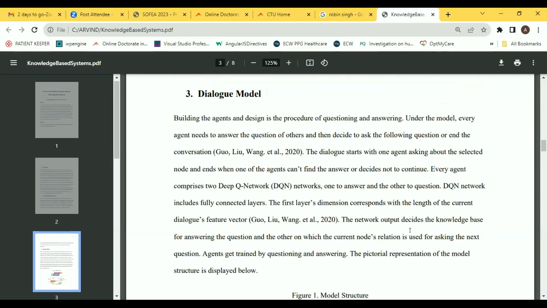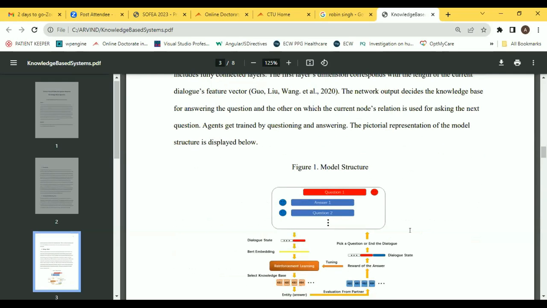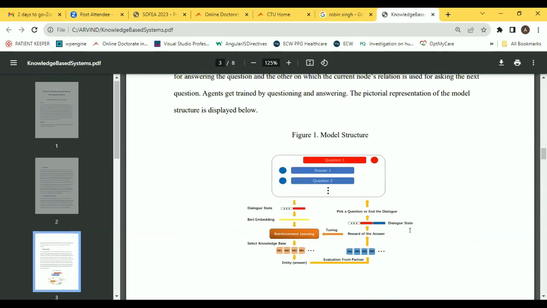The dialogue would normally start with a particular agent asking for the selected node, and would end when the agents would not be able to decide or answer to continue the process. And then the model for the diagrammatic representation is given below.